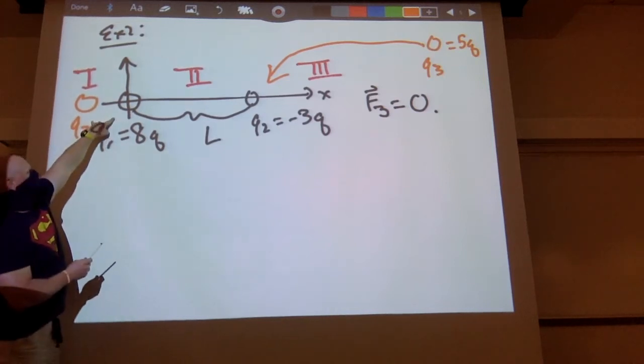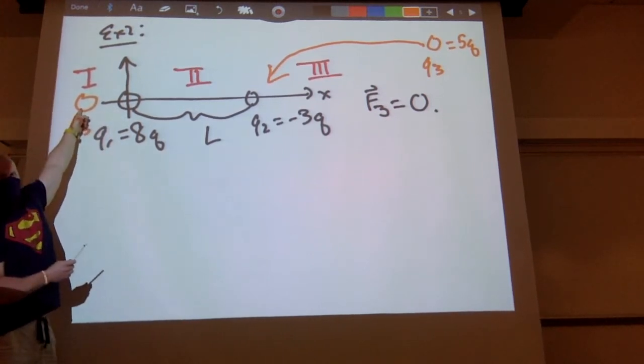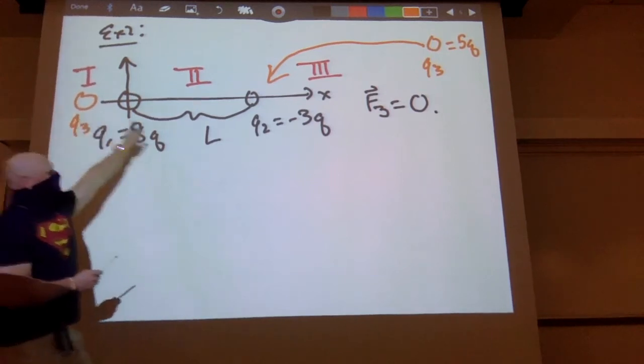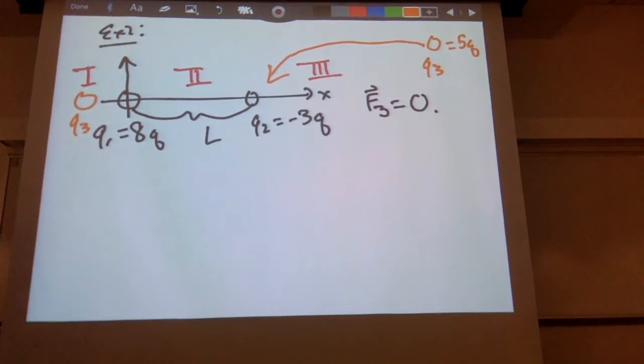Let's look at the force between these 2. These 2 are both positive charges, which means it's going to result in a repulsive force here. This one is also going to experience a force from the other charge, which is going to be an attractive force, so it may be possible, right? Because here, this one is going to feel a force in this direction, which is F3(1), but it's also going to feel an attractive force in this direction, which is F3(2).